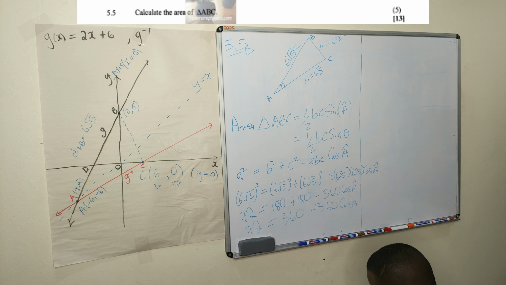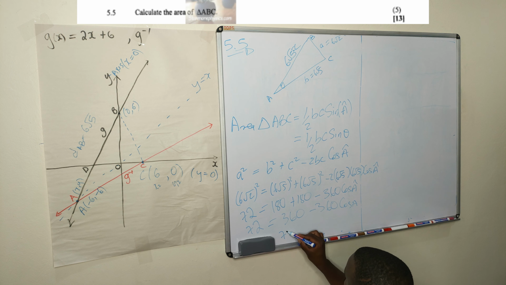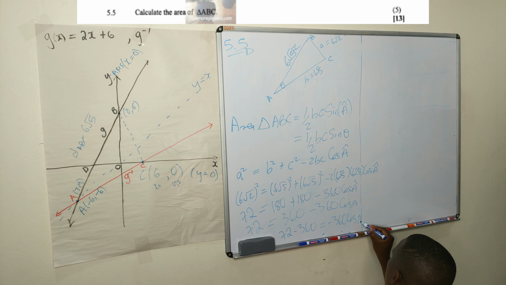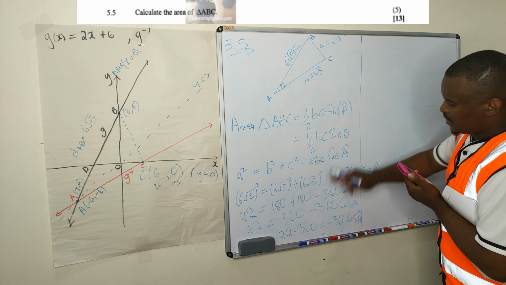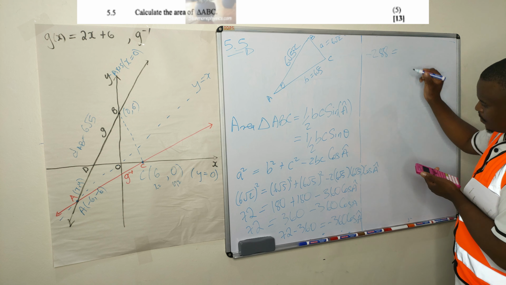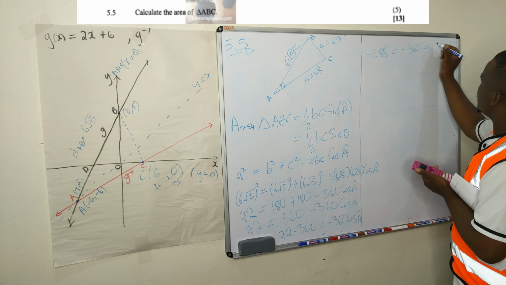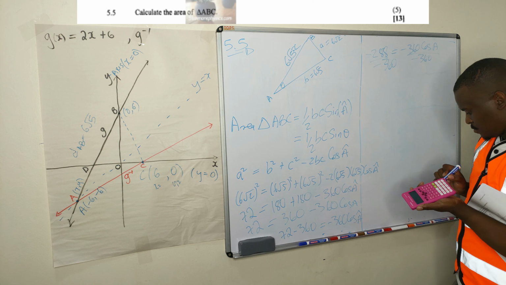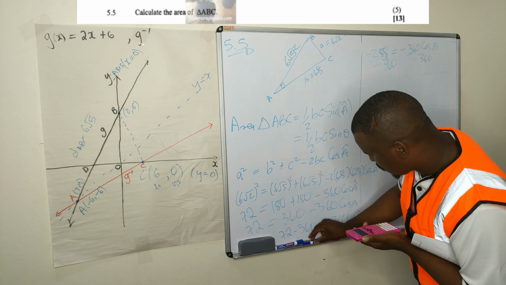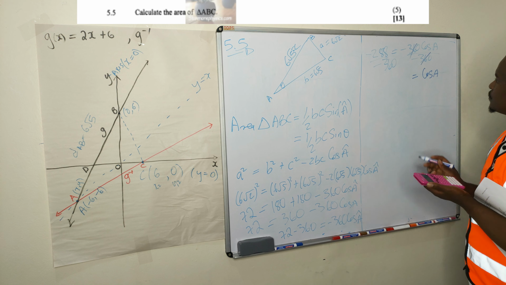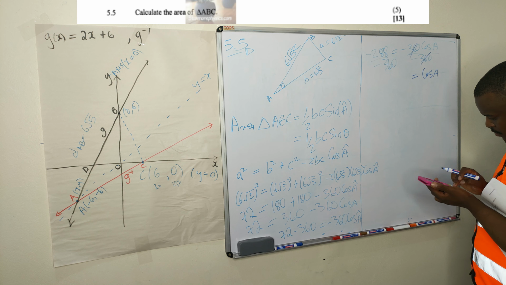Transpose this to that side. So it's going to be 72 minus 360 is equal to minus 360 cos A. So that is minus 288 is equal to minus 360 cos A, divided by minus 360 on both sides. So cos A is equal to this divided by minus 360.